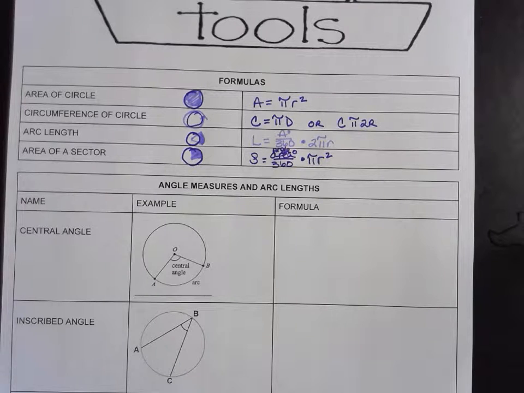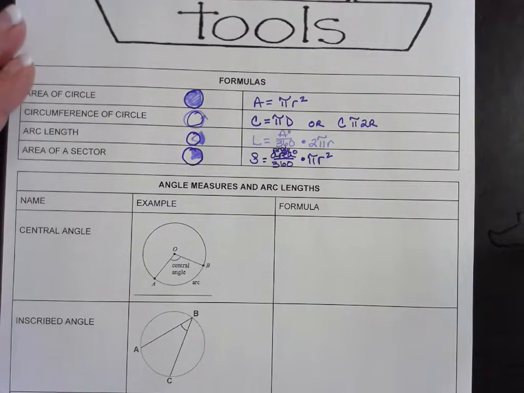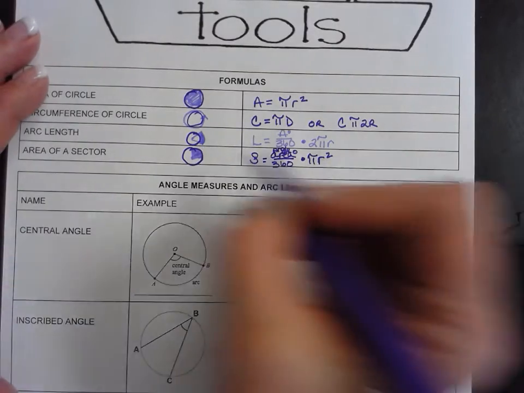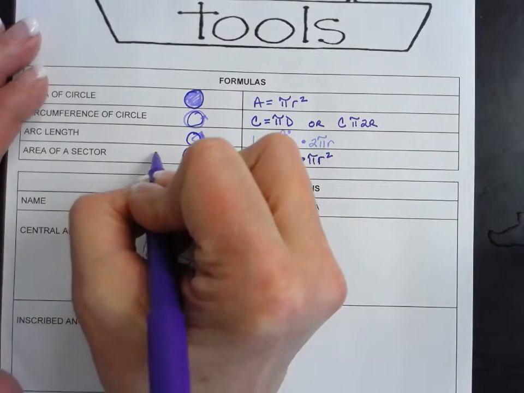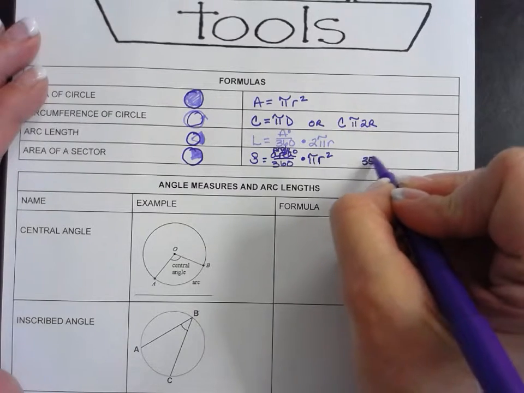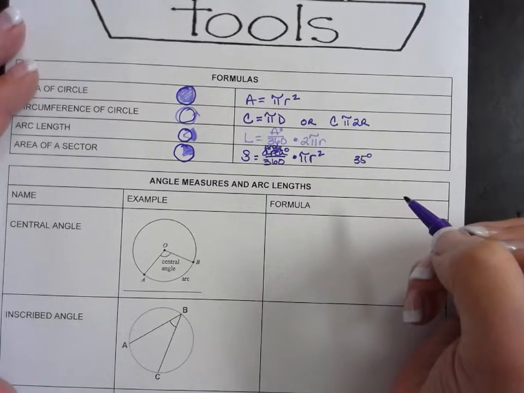So it's whatever portion. For instance, if I have an angle that is 35 degrees, okay?